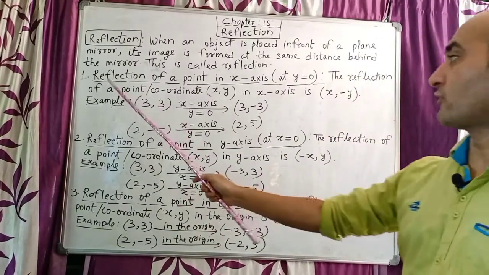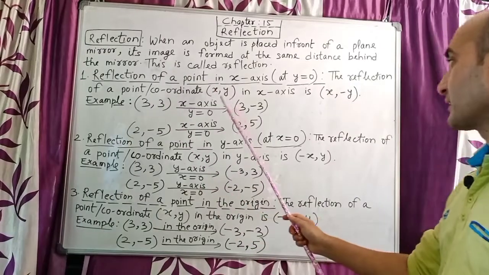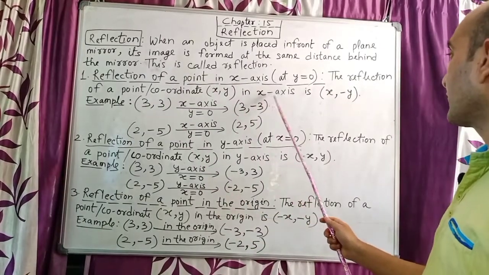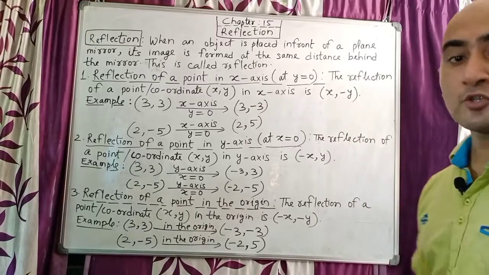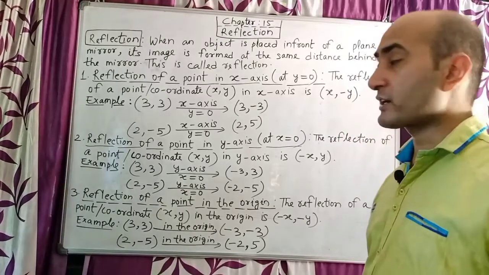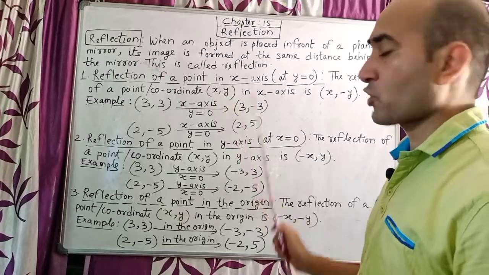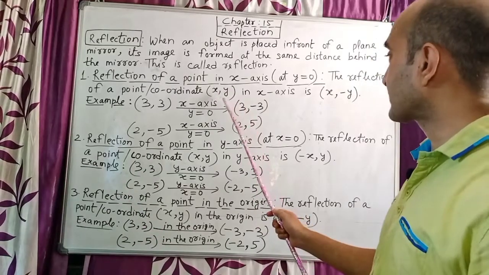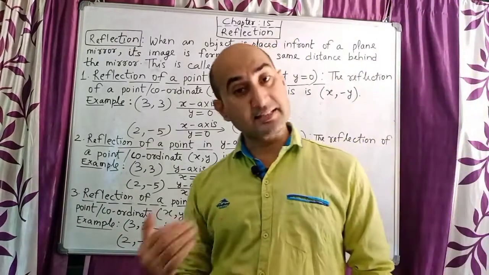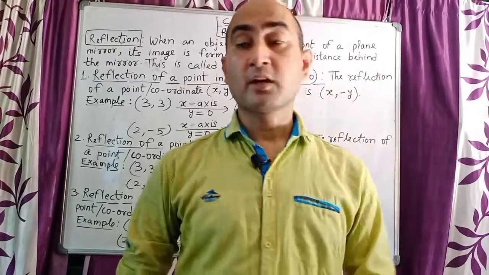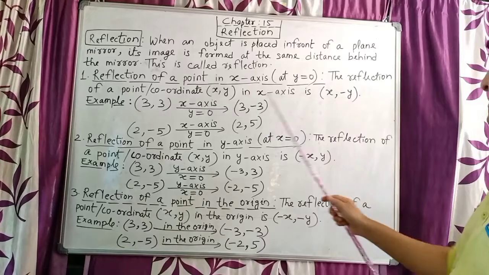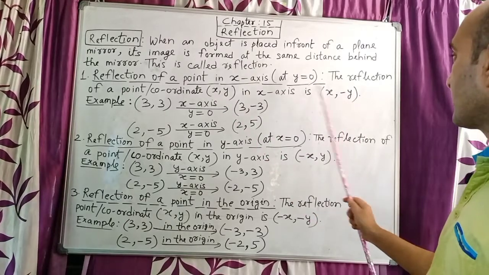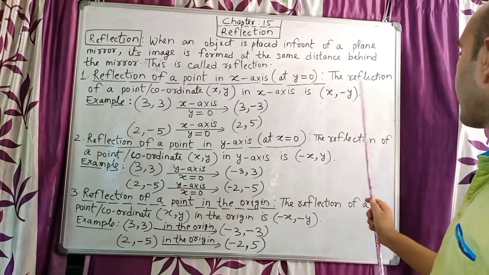The reflection of a point or coordinate x comma y in the x-axis is x comma minus y. Suppose you have a point x comma y and you have to reflect it in the x-axis, then the value of y will change. X will remain the same but y will become minus y.